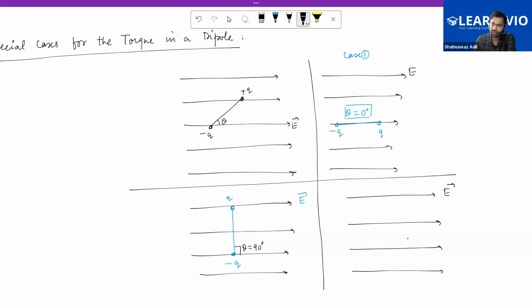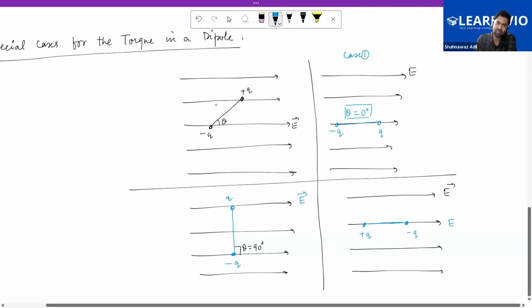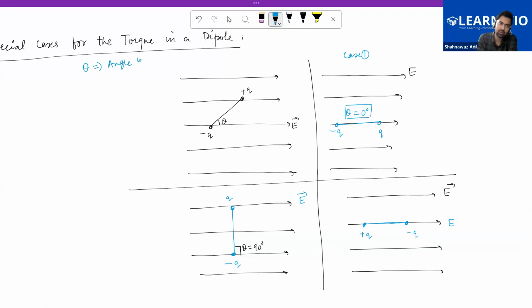So this is the electric field. Now you place the dipole in this way. But this is minus q and this is plus q. So can you tell me what is theta in this case? Remember the theta is the angle between P and E, right?